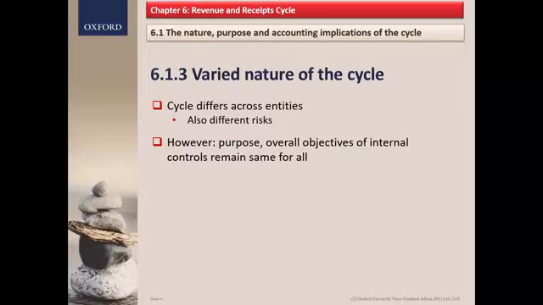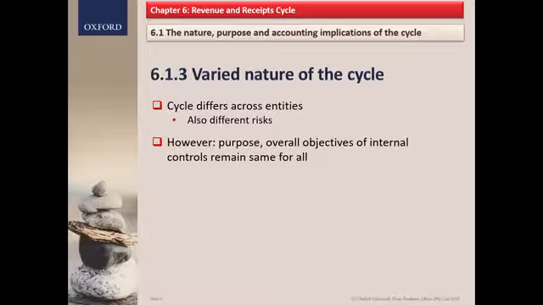Transactions, as disclosed by management in the financial statements regarding this cycle, are also referred to as assertions by management. So management will say our revenue is so much, and that is an assertion by management. So the control objectives internally ask: is that revenue valid, accurately recorded, and complete in all material respects?